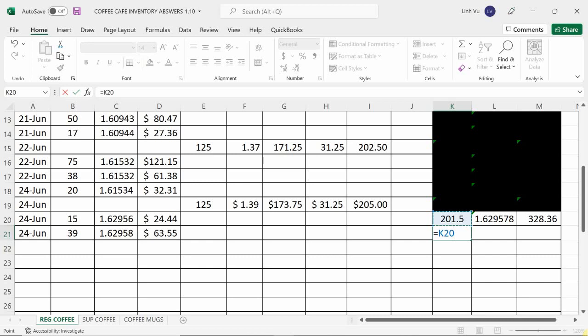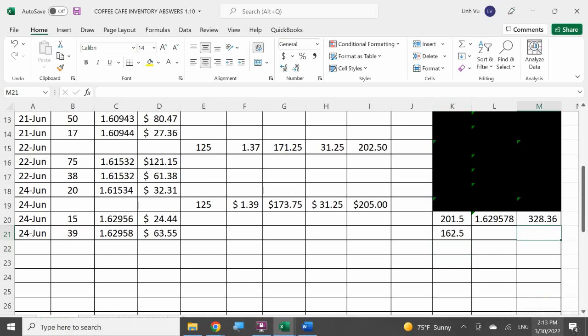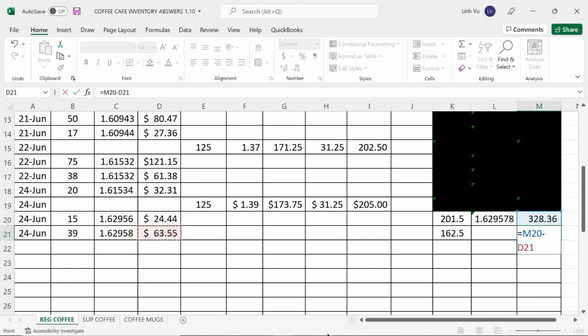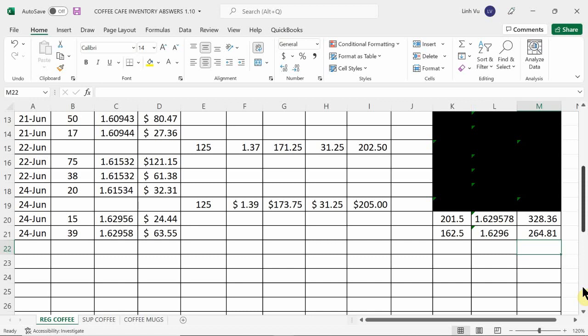So I'm going to adjust my inventory. Right now I have 201.5 pounds and I just used 39 of them. So I should be at 162.5. And let's see, what's my ending balance going to be? $264.81, which will give me an average cost per item of 1.6296.